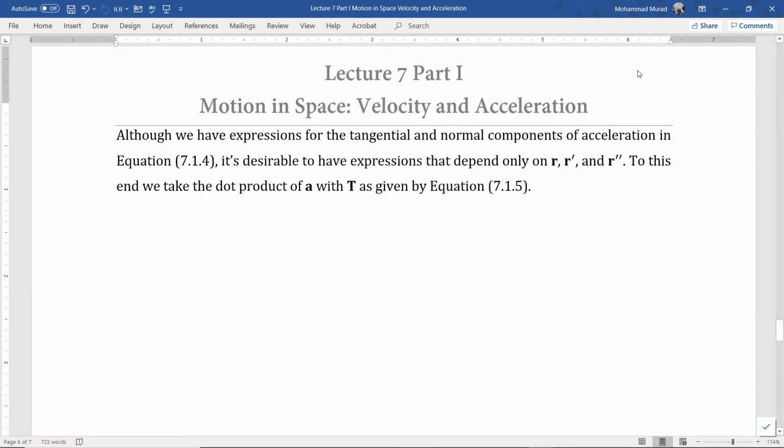Although we have expressions for the tangential and normal components of acceleration in equation 7.1.4, it's desirable to have expressions that depend on the position vector and its first and second derivatives. To this end, we take the dot product of the vector a with the tangent vector, as given by equation 7.1.5.